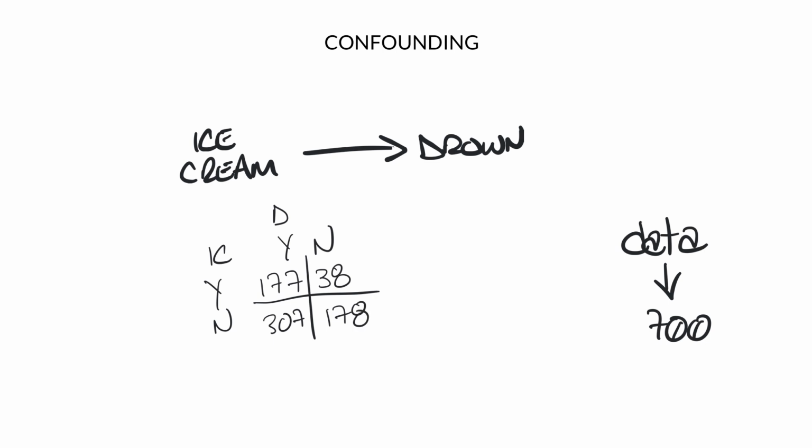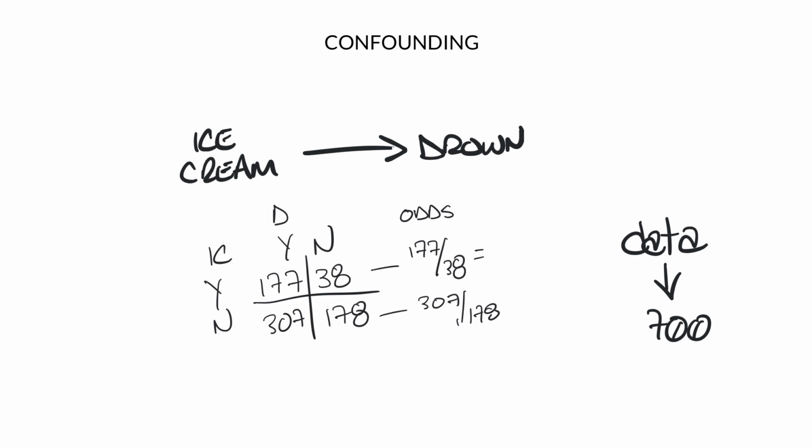So you calculate the odds of drowning, given that you ate ice cream, and that is 177 over 38. And you calculate the odds of drowning given that you did not eat ice cream, and that is 307 over 178.